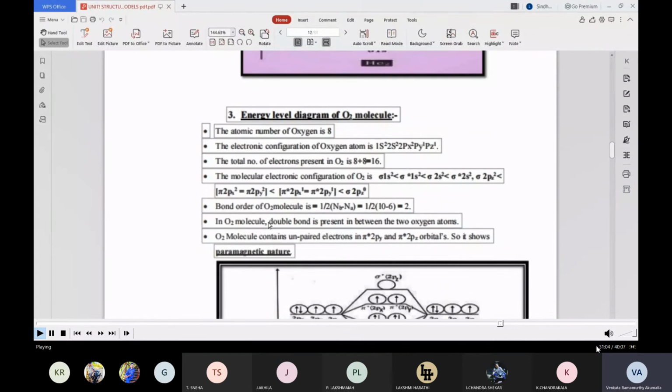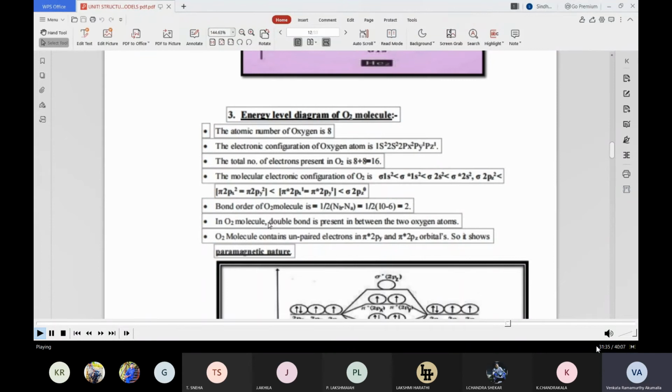So the molecular electronic configuration of oxygen is sigma 1s2 less than sigma star 1s2 less than sigma 2s2 less than sigma star 2s2 less than sigma 2pz2 less than pi 2px2 equal to pi 2py2 less than pi star 2px1 equal to pi star 2py1 less than sigma star 2pz0.